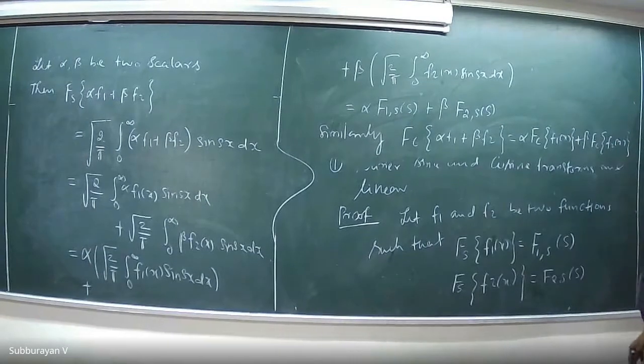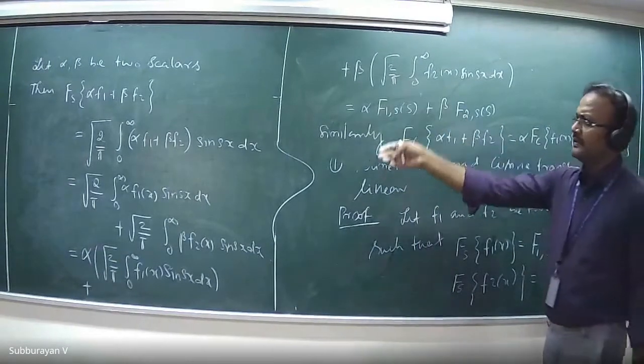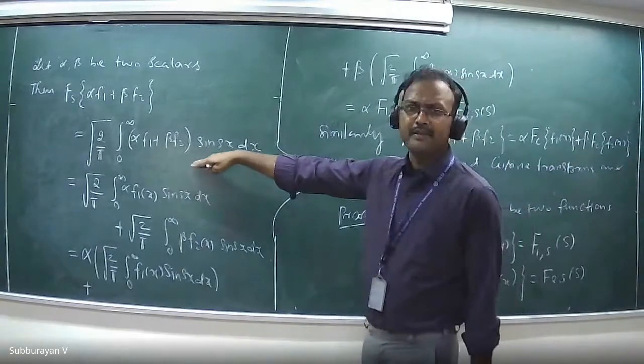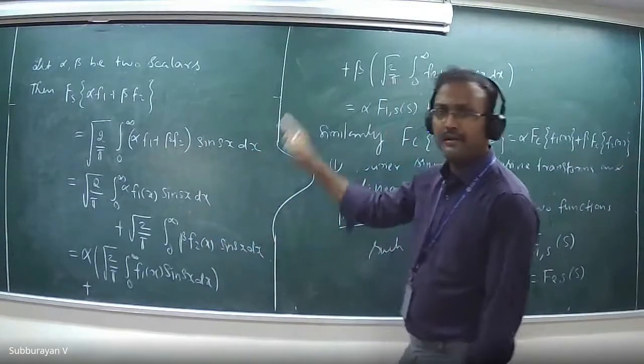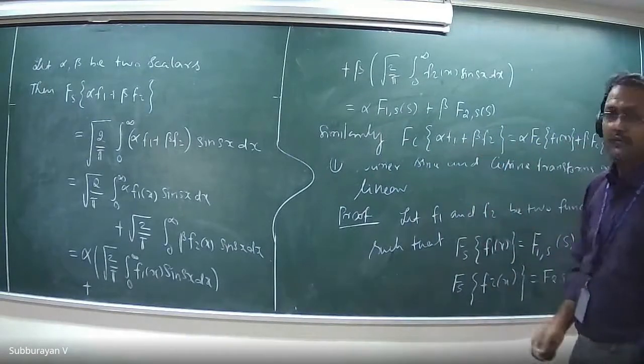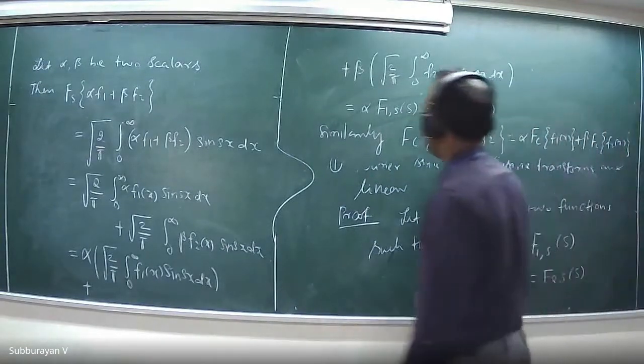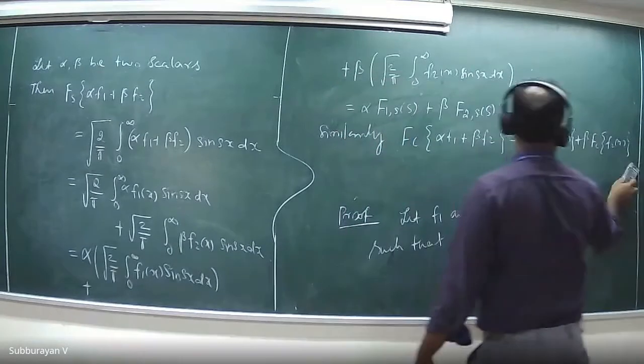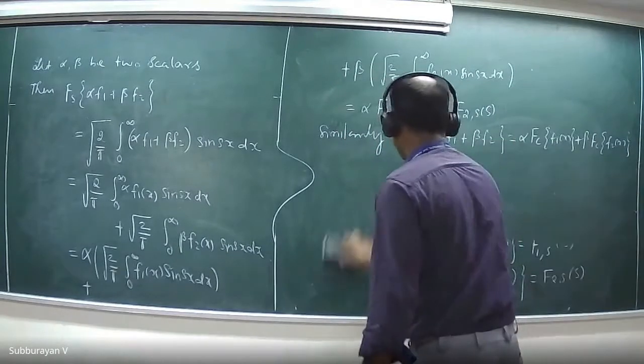This is similar to the previous one. Instead of sine sx, we just replace it by cos sx. By using a similar argument, one can prove that the Fourier cosine transform is also linear. Okay.